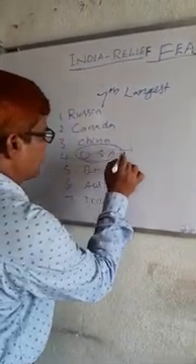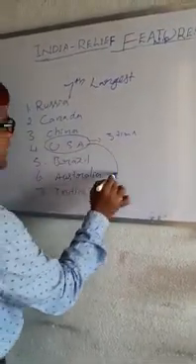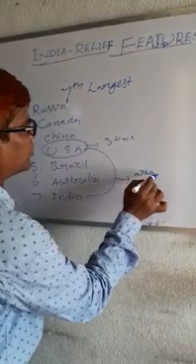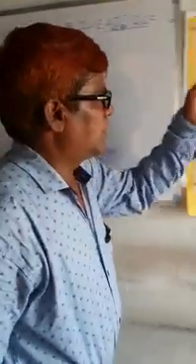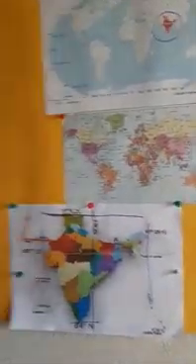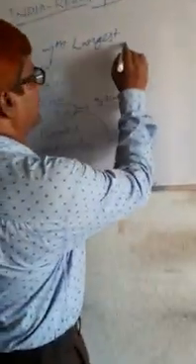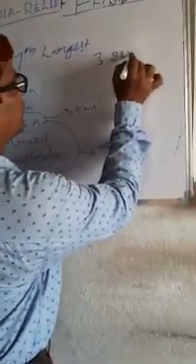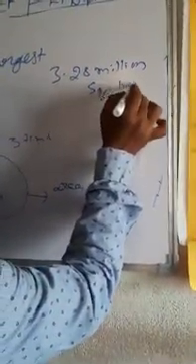USA is about 3 times bigger than India area-wise. Just look at this, you see here India and USA. It is the seventh largest country of the world. India's total geographical area is 3.2 million square kilometers.